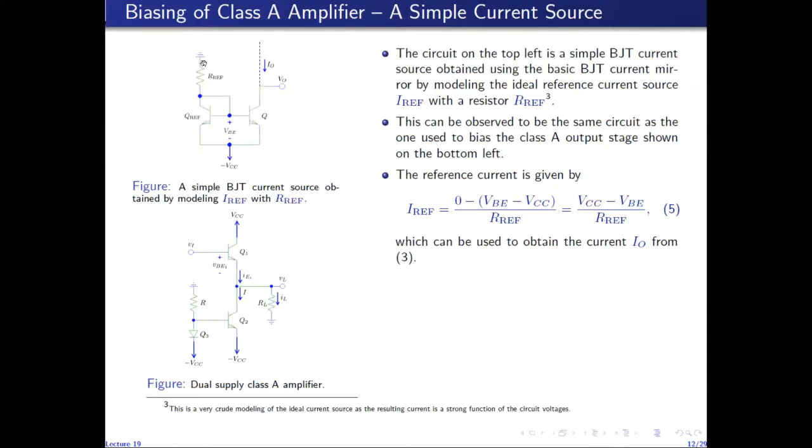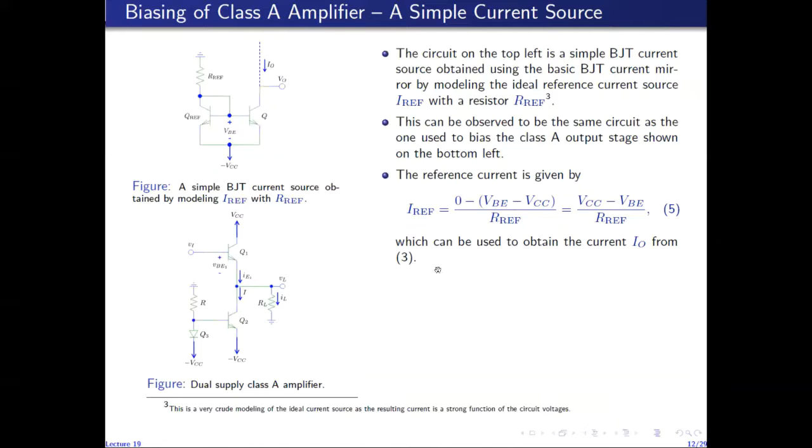The voltage drop across RF is the difference of the voltage at this node and this node. This node is grounded, so the voltage at this node is 0. The voltage at this node is the same as the voltage at this node. So the voltage at this node is equal to VBE plus the voltage at this node, which is minus VCC. So 0 minus VBE minus VCC is the voltage drop across RF, which is equal to VCC minus VBE over RF. So VCC minus VBE divided by RF is the reference current, IREF.